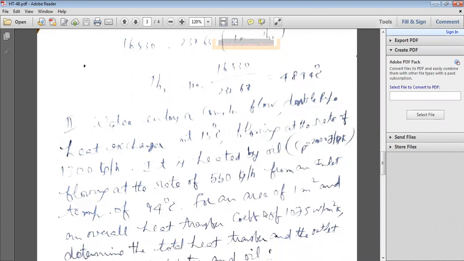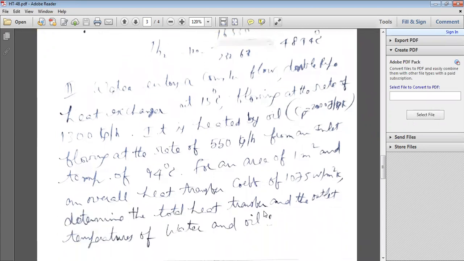So, second problem. Water enters a counterflow double pipe heat exchanger. Sometimes there is a single pipe heat exchanger, sometimes a double pipe heat exchanger. Water enters a counterflow heat exchanger at 15 degrees centigrade. Water inlet temperature TC1 is 15 degrees centigrade, flowing at the rate of 1300 kg per hour.